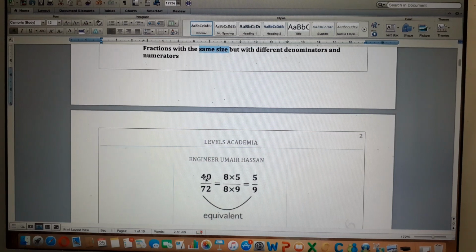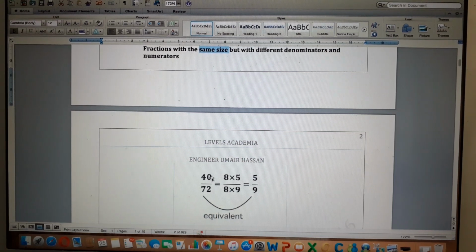How? 40 can be expressed as 8 into 5, and 72 can be expressed as 9 into 8. If we cancel 8, your answer will be 5 over 9. So 40 over 72 on simplification can be converted into 5 over 9.